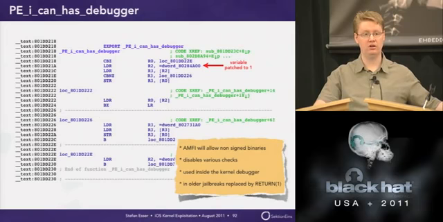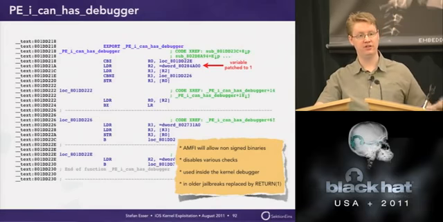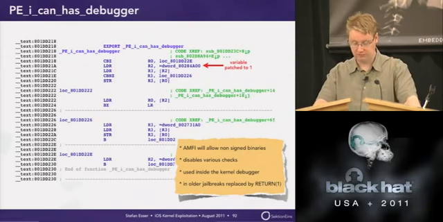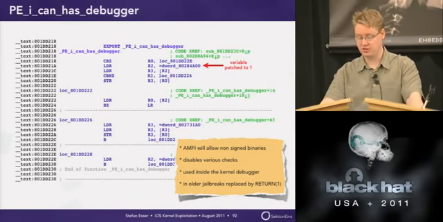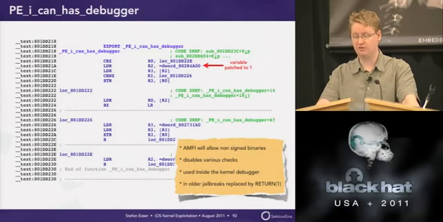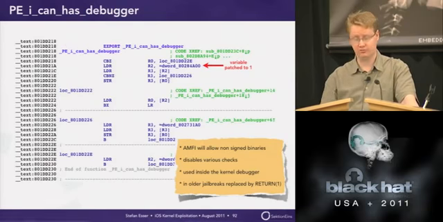Previously it was for wrongly signed binaries. This is for not signed binaries. It also disables various other checks. And like I said, you need it for the kernel debugger to run perfectly. Yeah, so that's what you need to know about this. And it's just setting 1 byte in memory to 1, so it's a very simple patch.